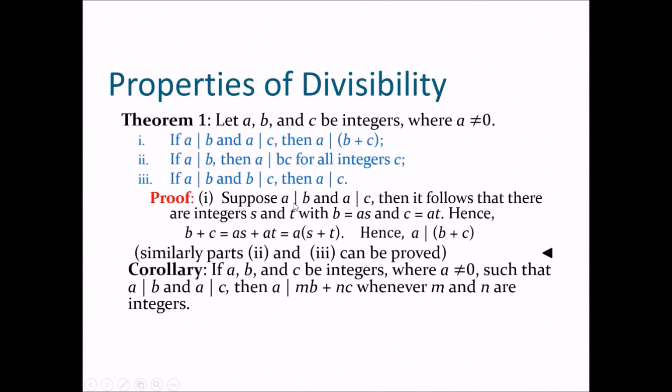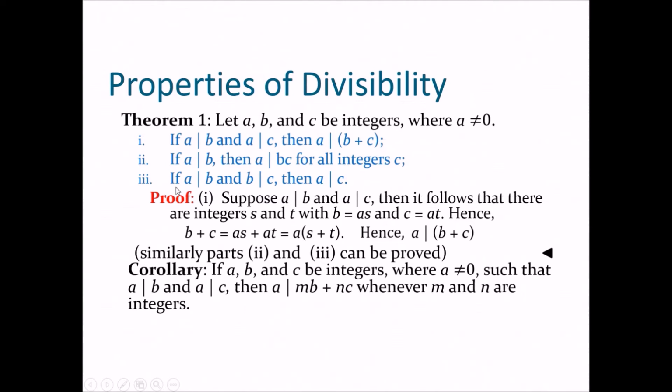Now there are a few properties of divisibility. Let a, b, c be integers where a is not equal to 0. Property number 1: if a divides b and a divides c, then a divides b plus c. Property number 2: if a divides b, then a divides bc for all integers c.